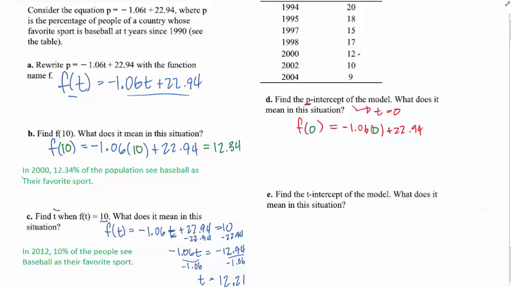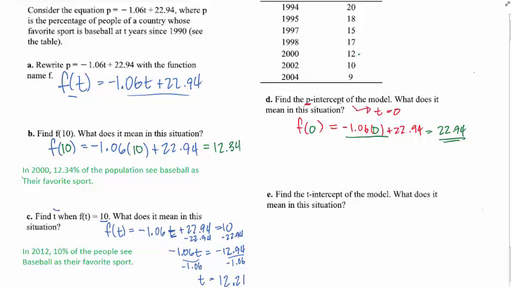Okay, well, this seems to be a simple arithmetic problem where we multiply something times 0 and so that disappears, and so all we have is 22.94. So the p-intercept is going to be 22.94.